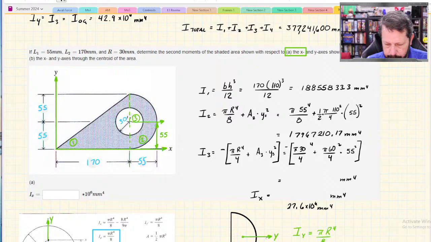So now I get 9189158.5 negative. Yes, those numbers give me 276338884.97 millimeters to the 4th. Oh yeah, good. You had already calculated it.